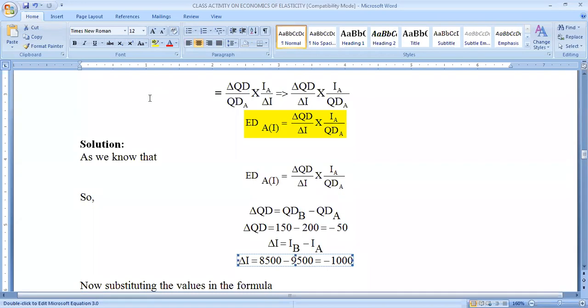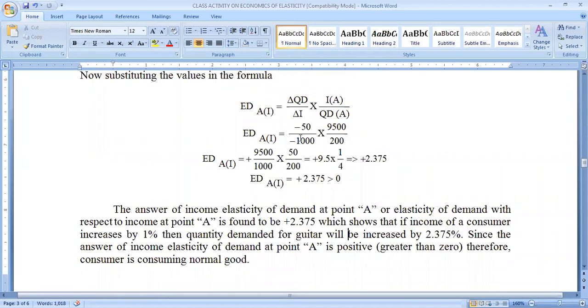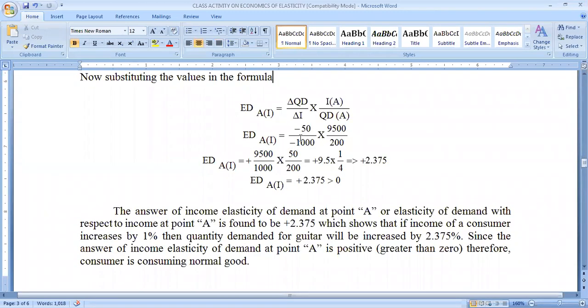So we have obtained delta I, we have obtained delta QD. Now let's substitute this information into the formula of income elasticity of demand at point A. Instead of delta QD, we have substituted its value, which is minus 50.